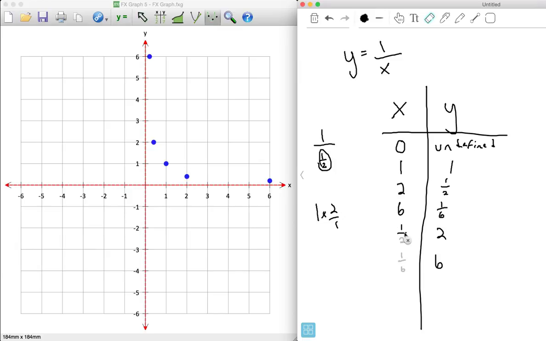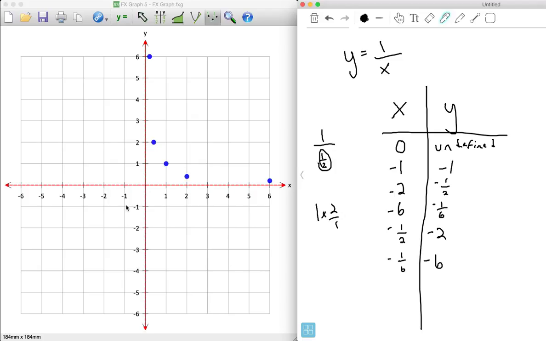I'm going to go on to the negatives. Actually, I'll just leave those there. The negatives, we're going to get all the same values, but negative. Because 1 divided by -1 is -1. 1 divided by -2 is -1/2. Making the x value negative makes the y value negative in this function.